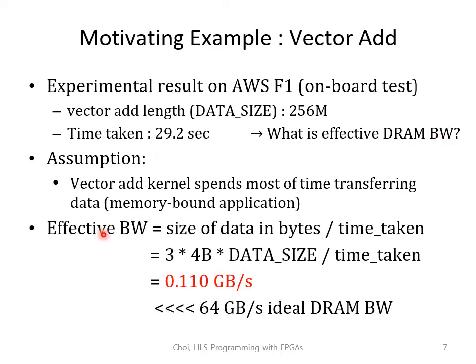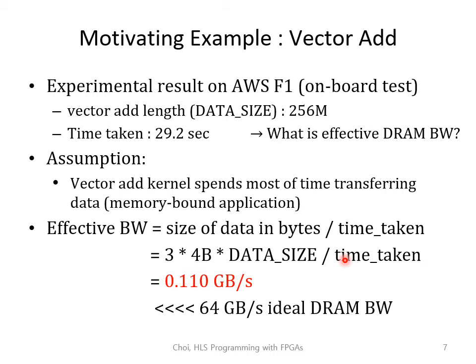Then the effective DRAM bandwidth is going to be the size of the transferred data in bytes divided by the time taken. We are reading in1, in2, and writing out, so we fetch 3 data for each vector add length, and each data is an unsigned int. So the bandwidth is going to be 3 times 4 bytes times 256 million divided by 29.2 seconds.